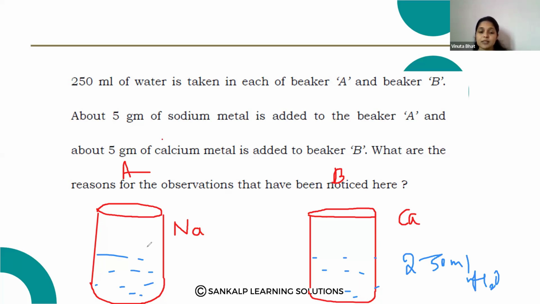When sodium is added to water, a vigorous reaction takes place between the sodium and water, which is a highly exothermic process where a large amount of heat is released with light.